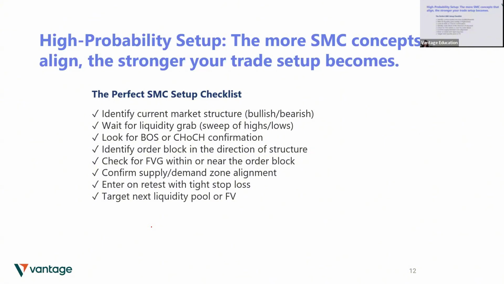You have to wait for a liquidity grab, like a sweep of highs or lows. Look for a break of structure or change of character for confirmation, and then identify the order block in the direction of the structure. So if you know that price is in an uptrend, or bullish, then you should look for the bullish OB because we're going to buy, right?